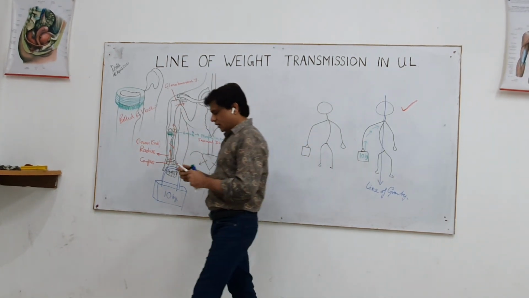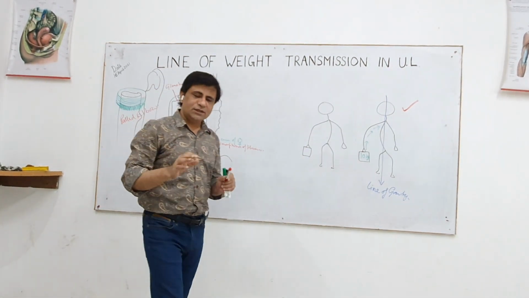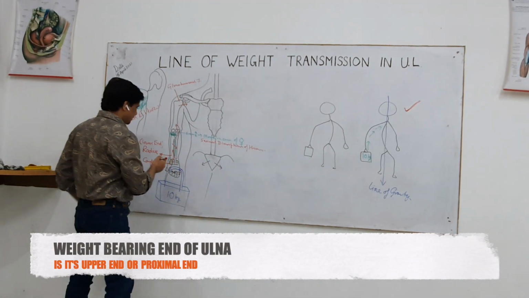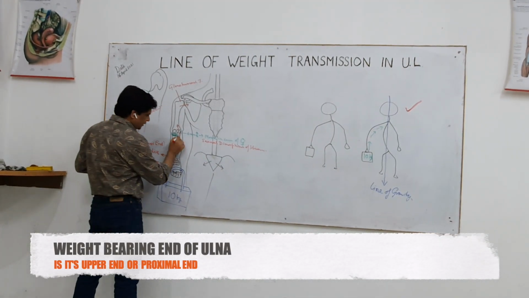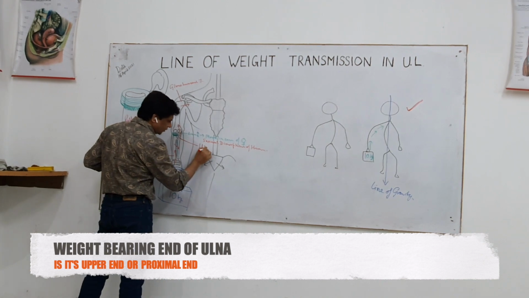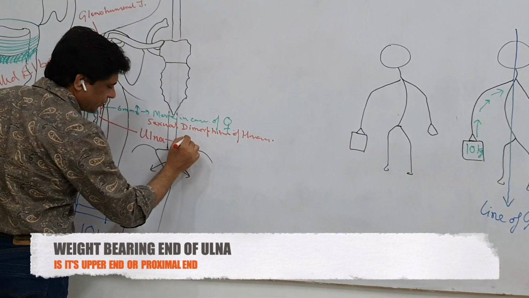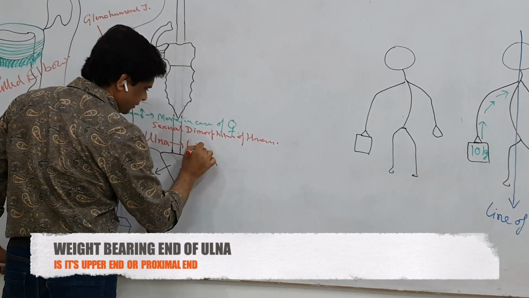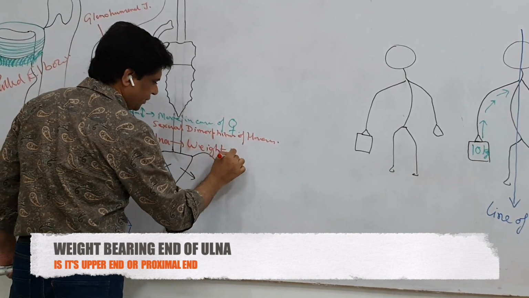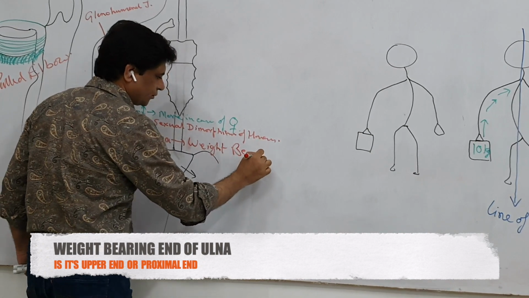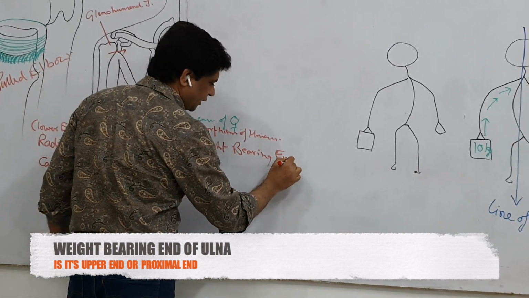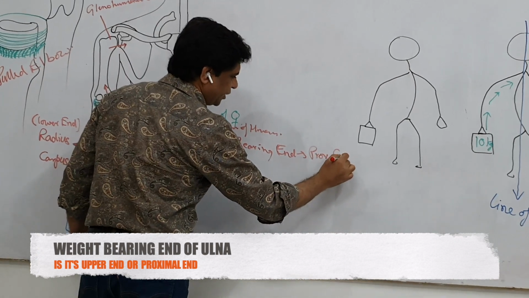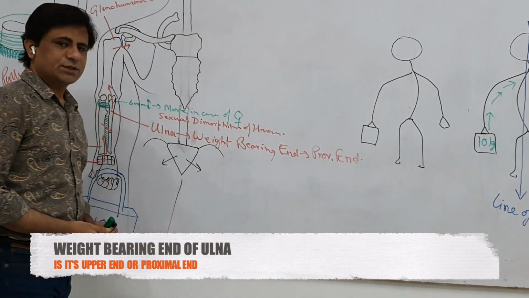Then in case it's asked, what is the weight bearing end of the ulna? You have seen here right now that the upper end, the proximal end of the ulna, is the weight bearing end.